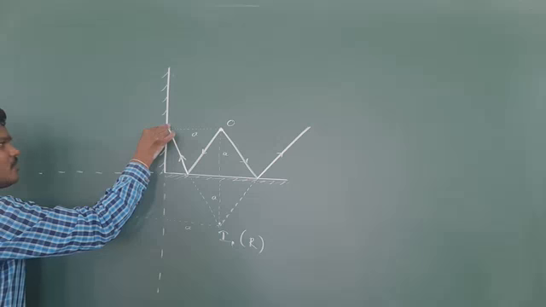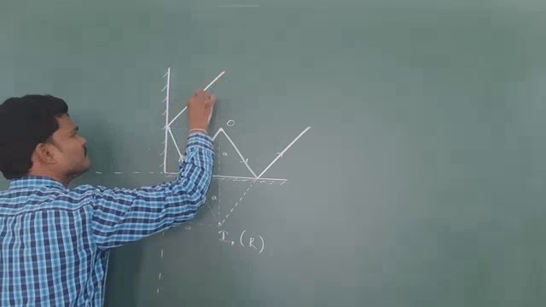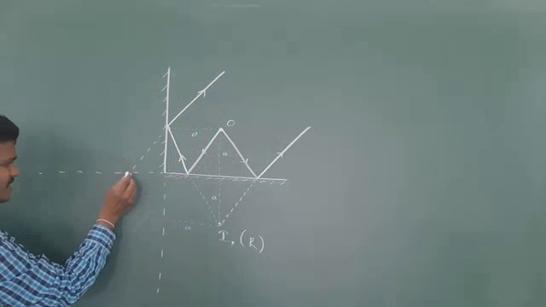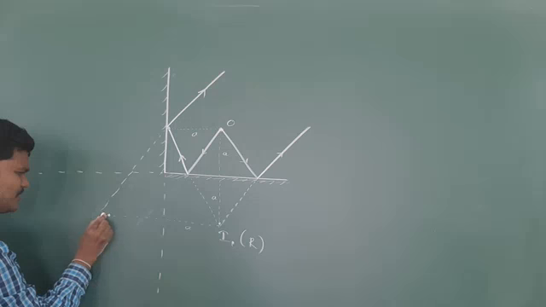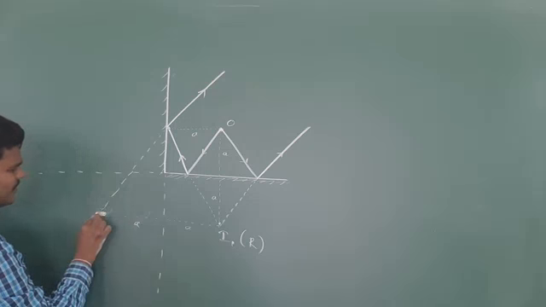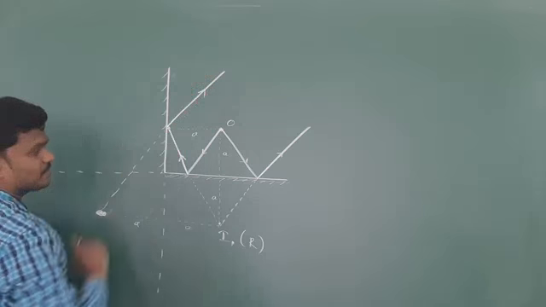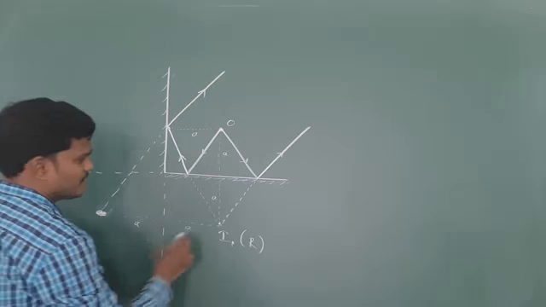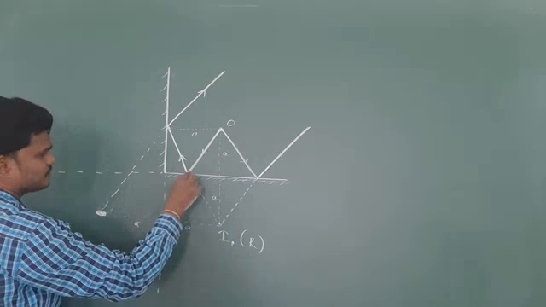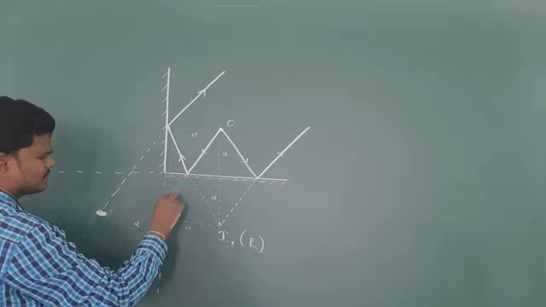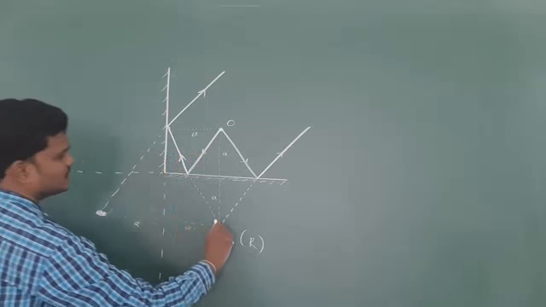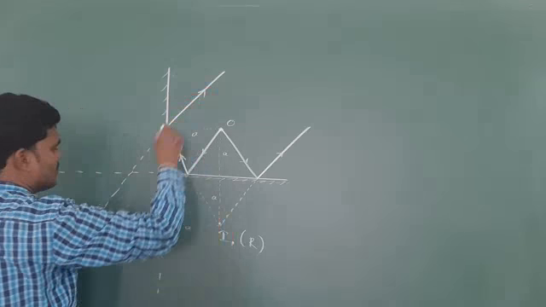And see, this light ray undergoes reflection. If I extend, it's not clear again, don't worry. This is also A. This is one reflection. And here, this is one reflection.